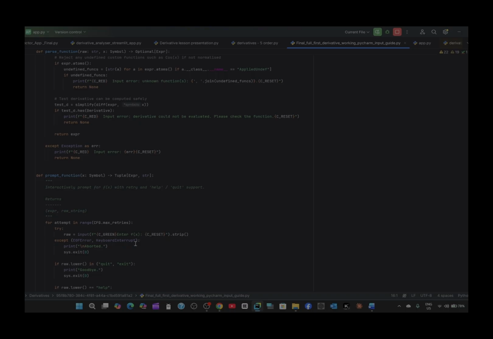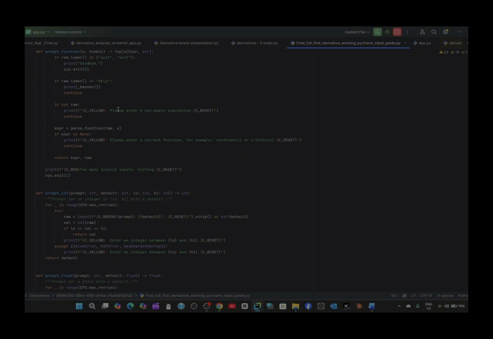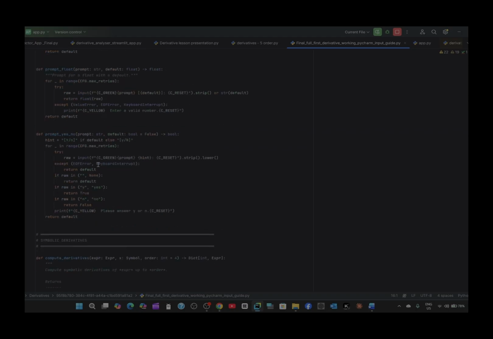Remember when you put fx, how you put fx in. Okay, if you put it wrongly, it will tell you that it is incorrect. I didn't try that one, but I show you. When you put a wrong input in, it will tell you. When you finish, put a quick exit. When you don't want to do any more, it says goodbye to you. Yeah, from input, how to put in.